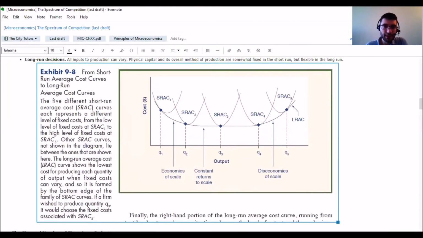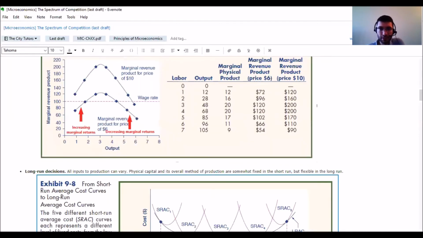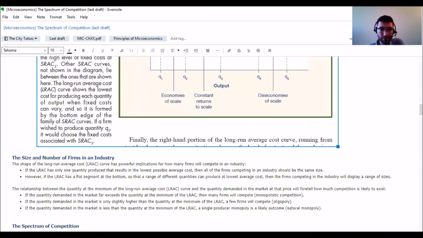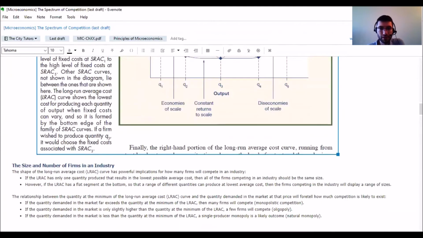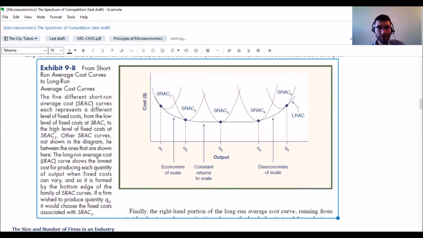Now, if you combine this piece of information with the demand for this particular market, you can reach another conclusion. You can try to forecast how competitive this market will be. So for instance, if the demand crosses the long-run average cost curve here on the economies of scale part, this will mean that the quantity demanded will not be very much, right?